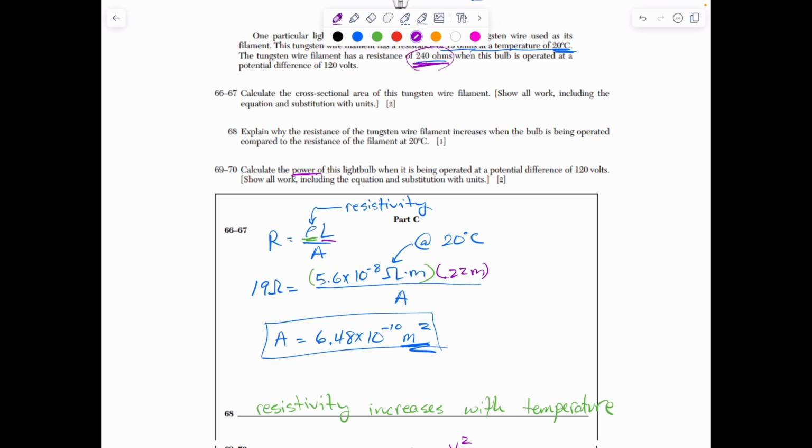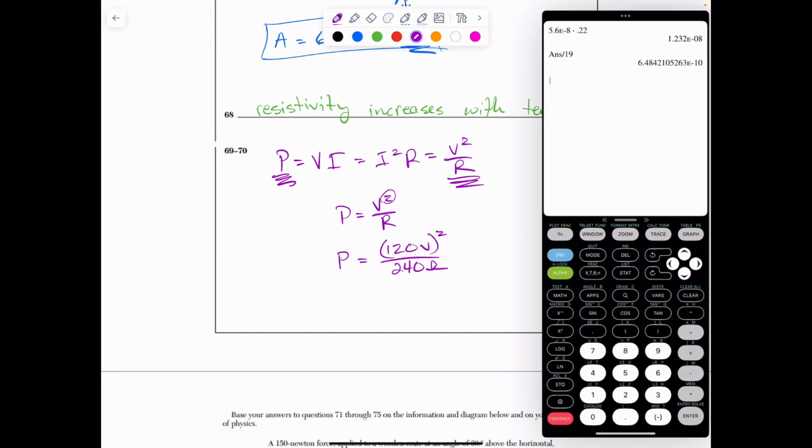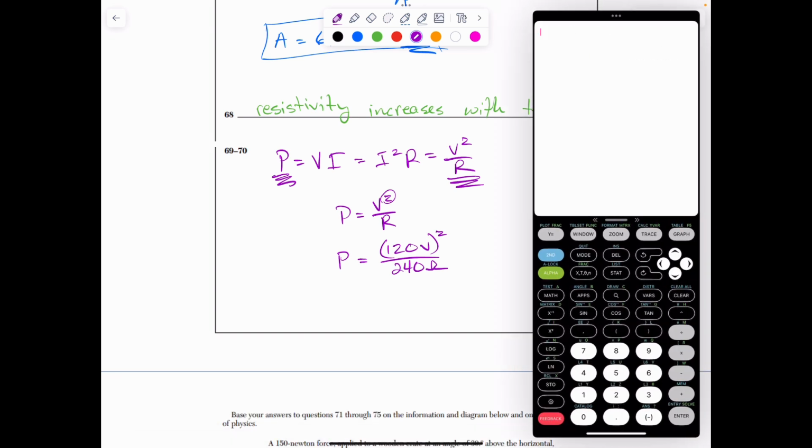So when it's at 120 volts, 240 ohms are your resistance, okay? And so, again, calculator work. Let's pull up our calculator. We've got 120 squared divided by 240, and we get power equals 60.